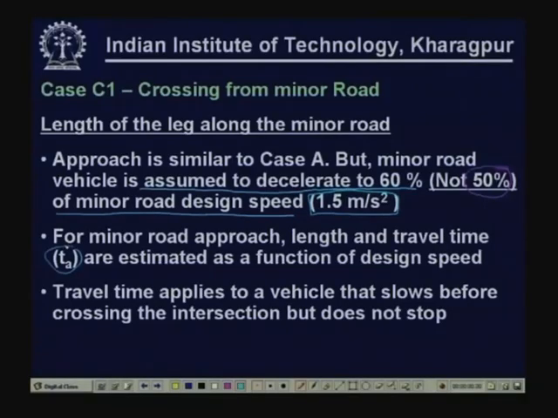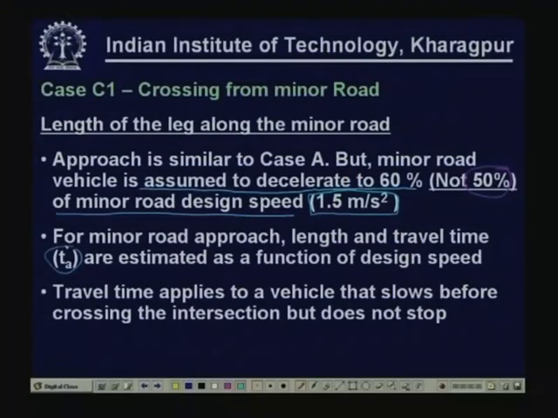Now, travel time applies to a vehicle that slows before crossing the intersection, but does not stop. This is a basic difference between an intersection with no control and stop control, and an intersection with yield control.